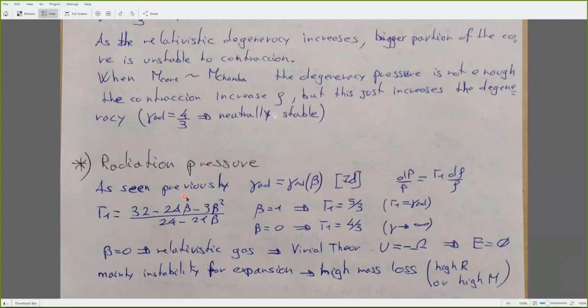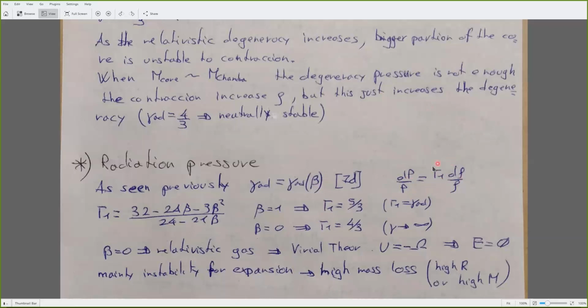Radiation pressure: as you saw previously, the derivative coefficient depends on beta, and you can see in the notes marked with 7D, not the image 7D, where the relative variation of pressure depends on the adiabatic coefficient gamma 1.